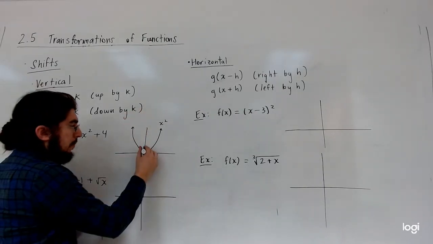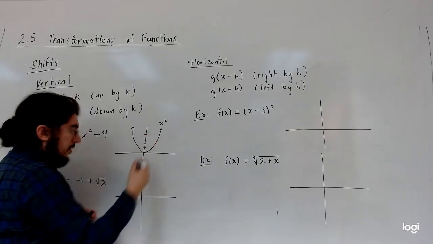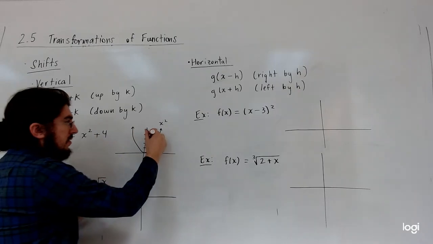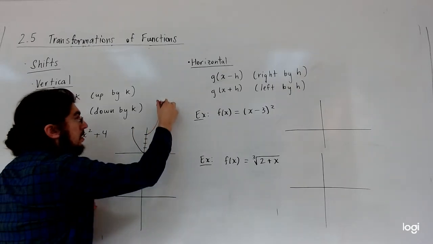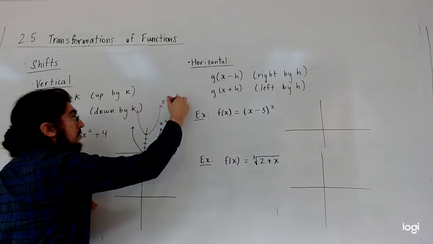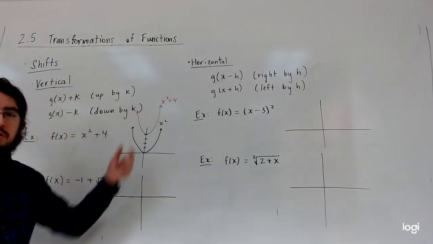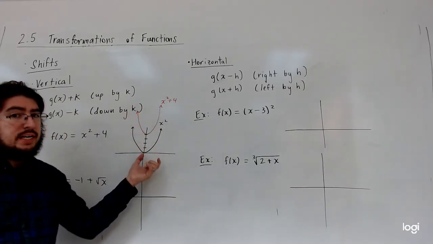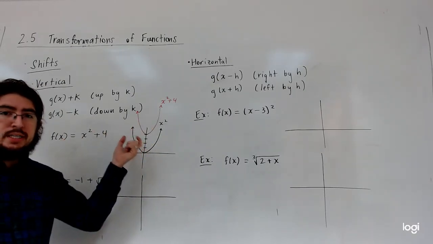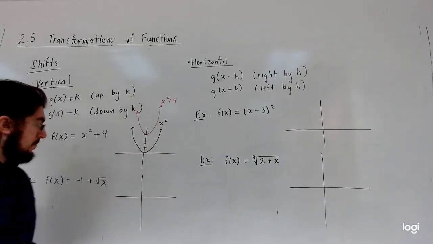So I'm going to go up 1, 2, 3, 4. And in red, let me just draw our shifted up version of this. So this is x squared plus 4. That gives you a really good idea of what the transformation is doing. It's just grabbing the parent function and then shifting up by 4 units.